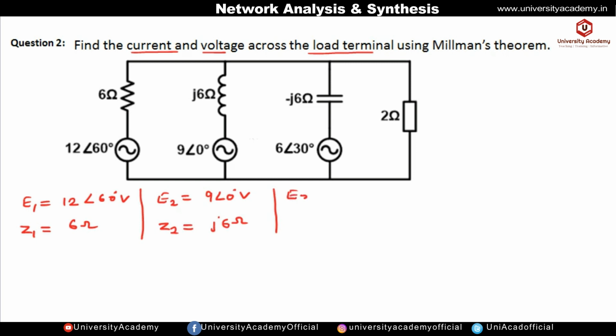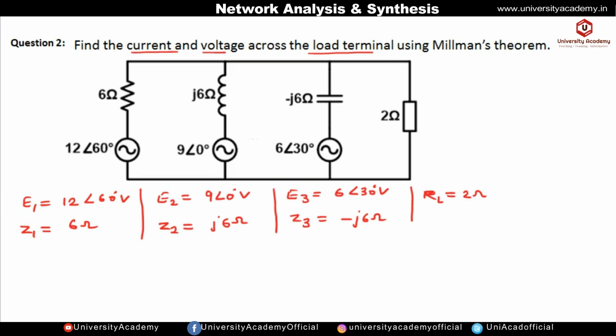The EMF E3 of the third branch is 6 angle 30 degree volt, and Z3 is minus j6 ohm. The load resistance RL is 2 ohm, because here there is no imaginary term, only pure resistance is given, so that is why I have written RL.